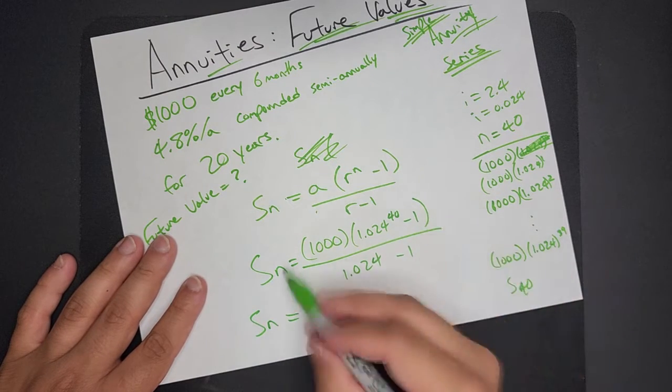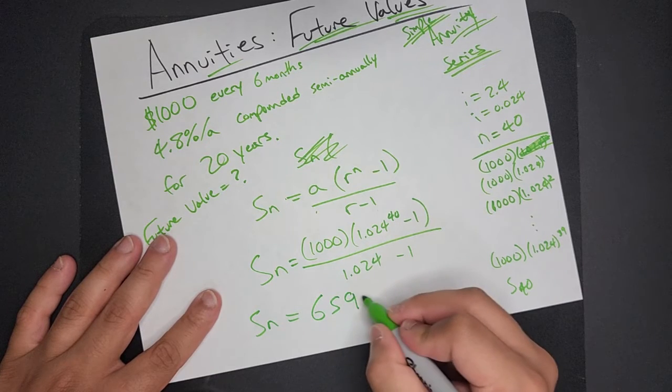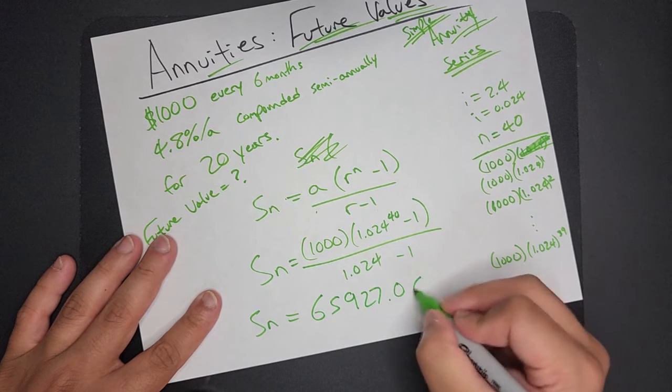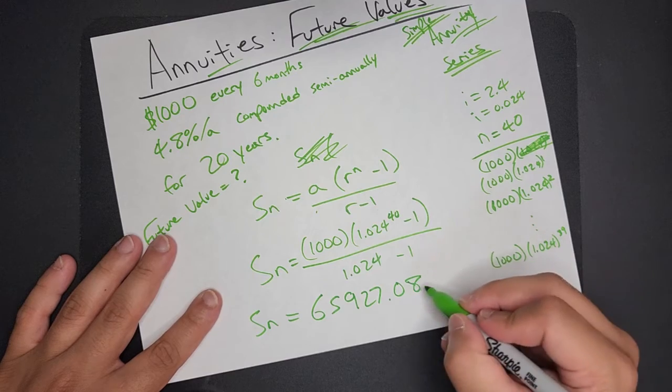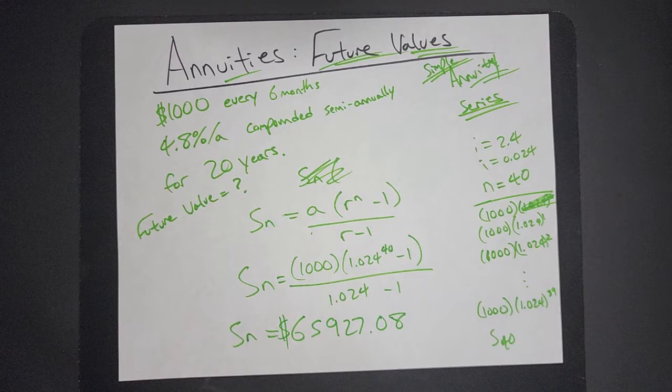So if you punch this into a calculator, you actually get 65,927.08. And there you go.